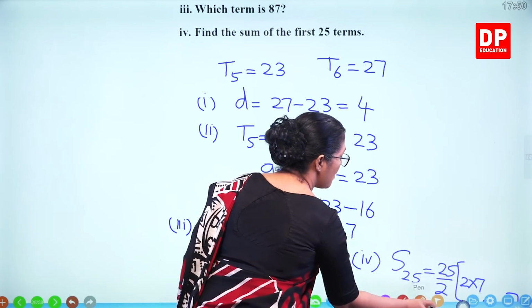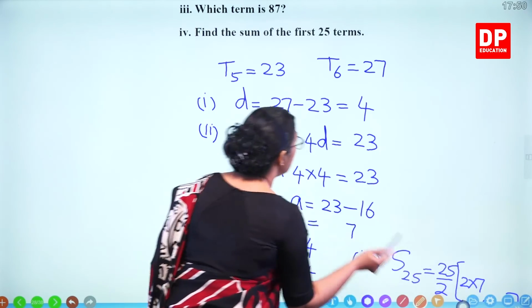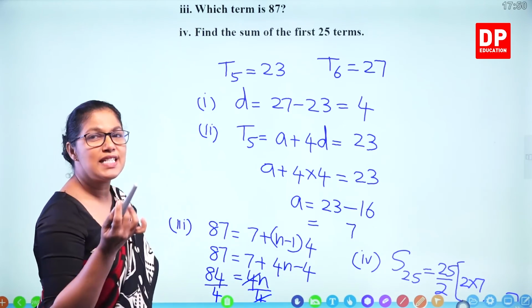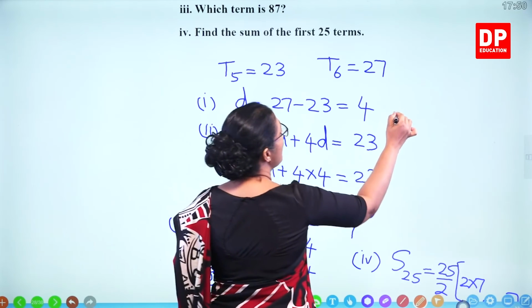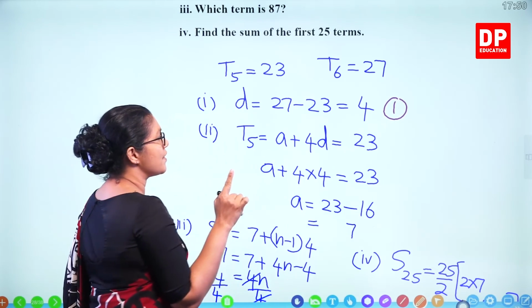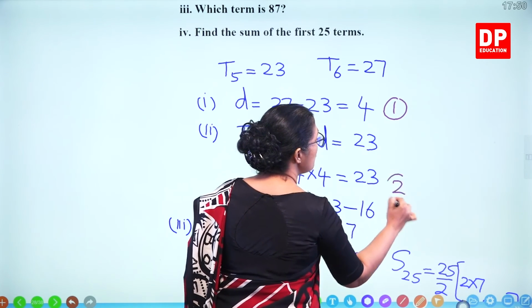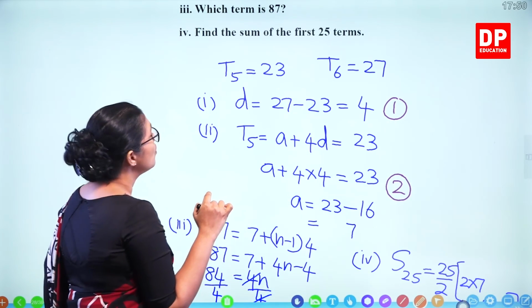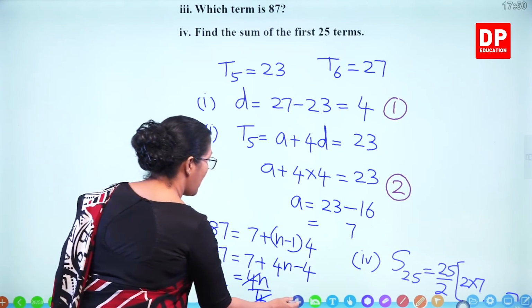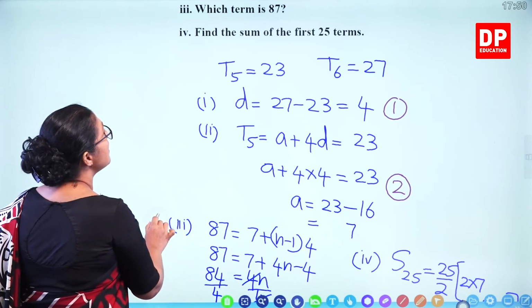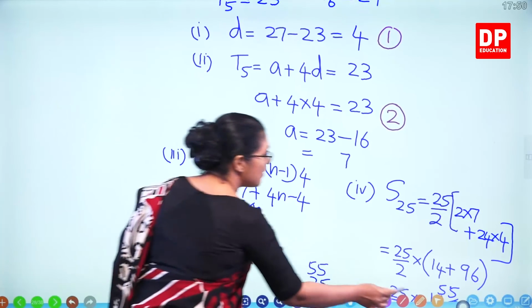So we'll give marks for this paper. So finding d, you get only 1 mark, just the difference. Then finding a, you get 2 marks, so 3. And finding n, you get 3 marks.